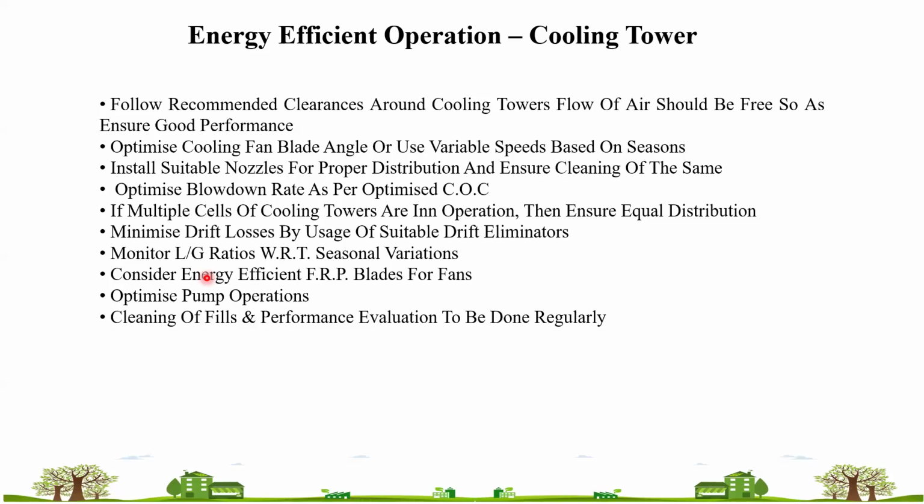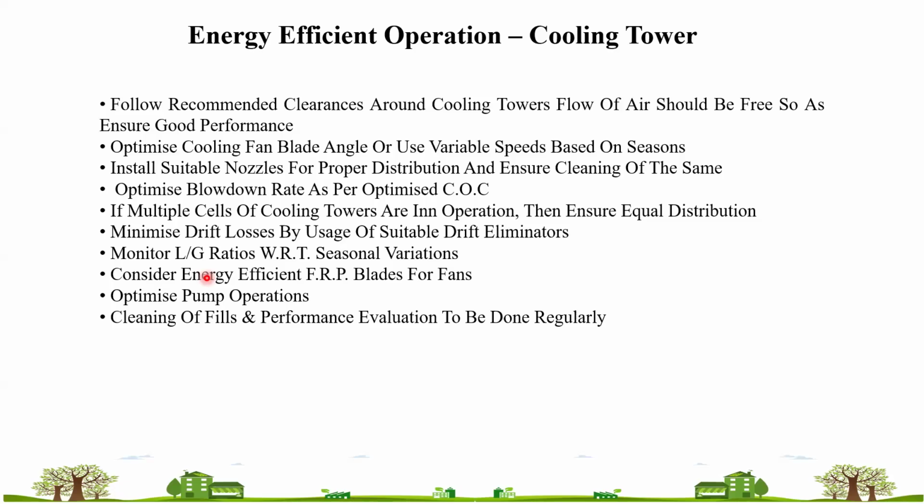Then cooling fan blade angle or use VSD on seasons. There is one methodology, when your ambient air temperature goes down, you can set your fan blade angle according to L by G, and you can use variable speed based on variable seasons.